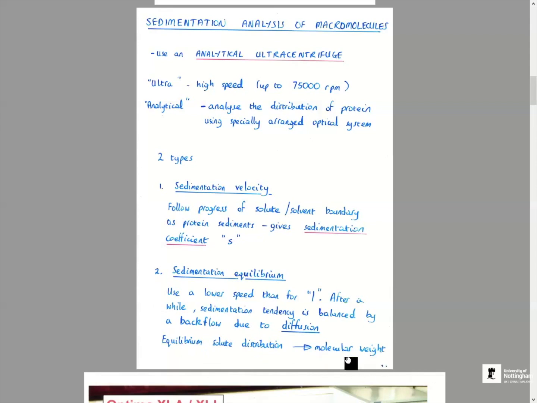And then if we know the molecular weight, we can go back to the sedimentation coefficient and work out the shape of the molecule. So using the same instrumentation, an analytical ultracentrifuge, and using sedimentation velocity and sedimentation equilibrium, we can get the size, the molecular weight, and then we can also get the shape or conformation of the molecule.